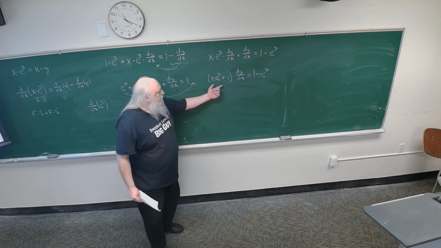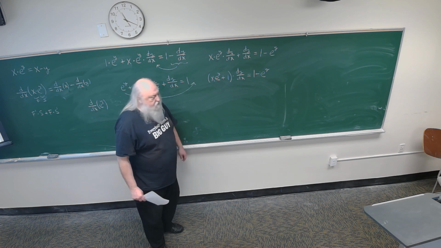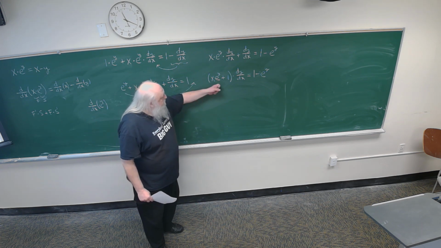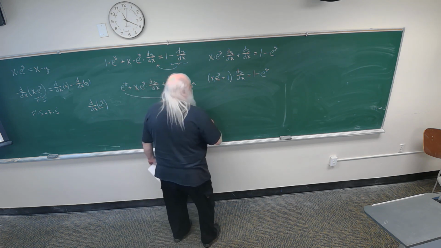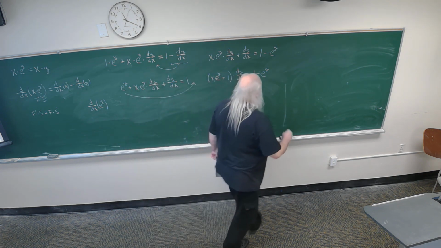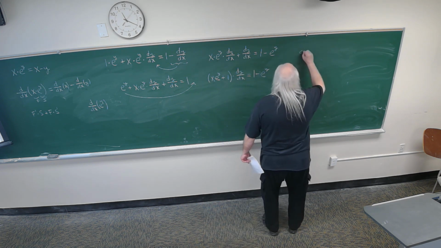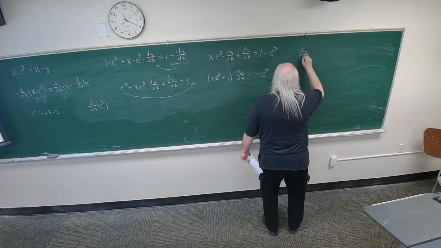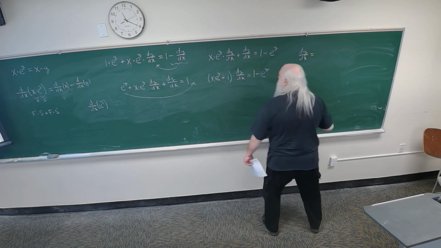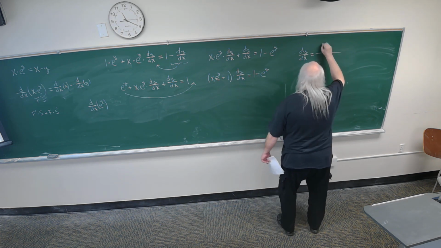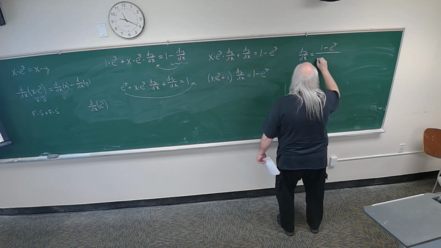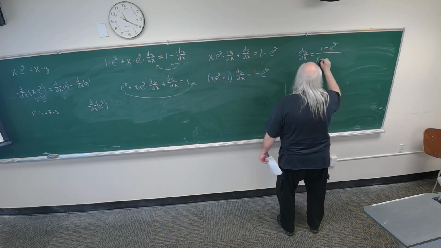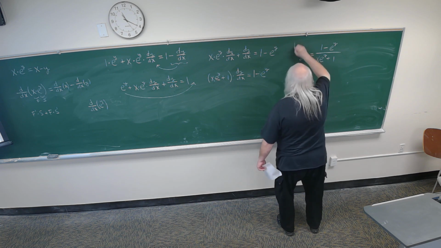And now you can see I have a product of two factors. And so I can divide both sides by the first factor and isolate the dy over dx. So we have the derivative of y with respect to x is equal to 1 minus e to the y power over x times e to the y plus 1.